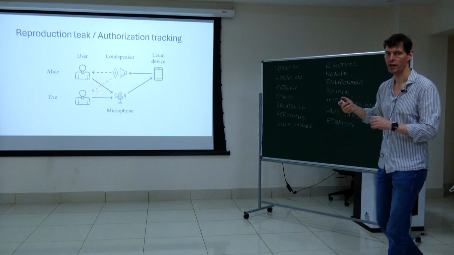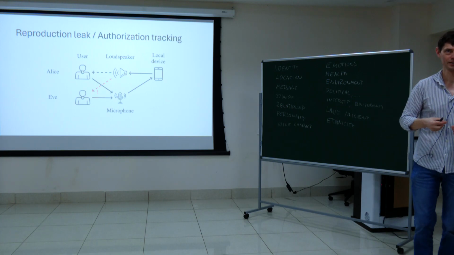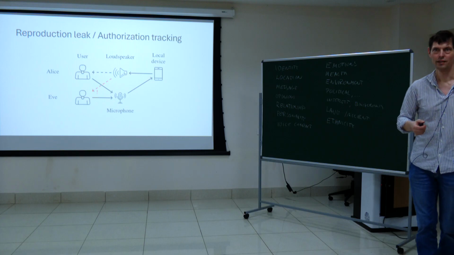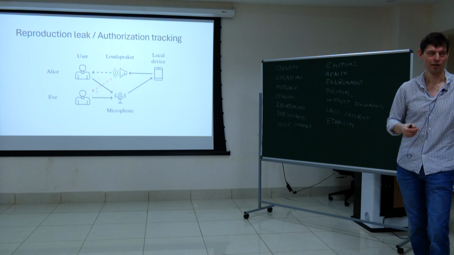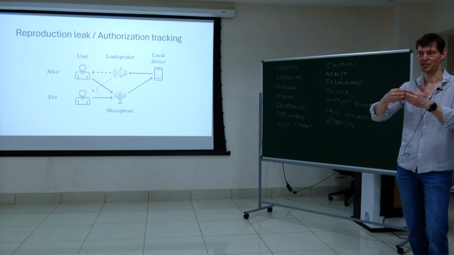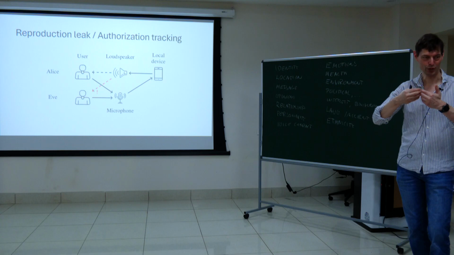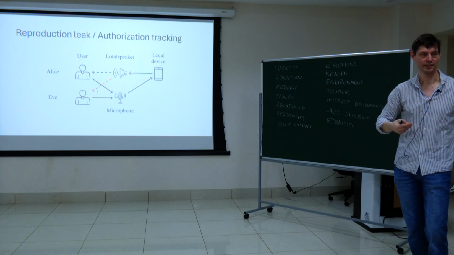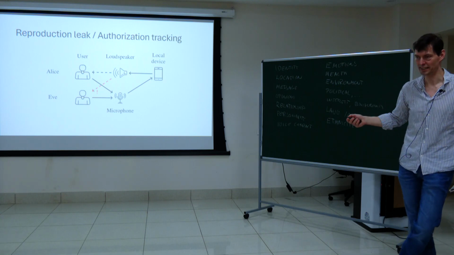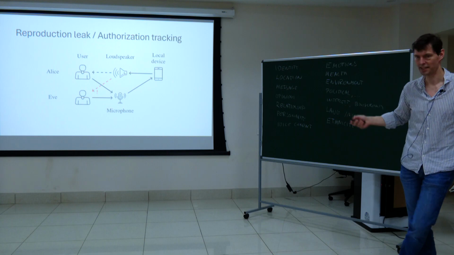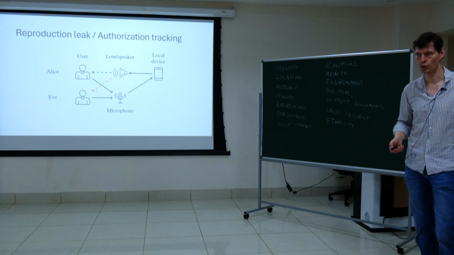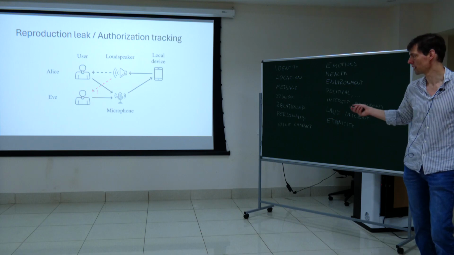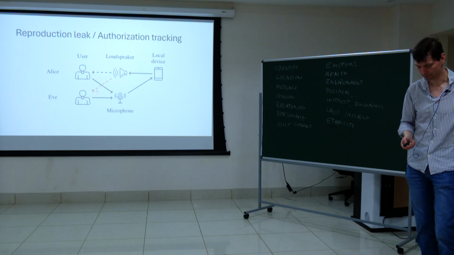There are also ways of doing this with ultrasound, where there's a physical interference between ultrasounds which produces a sound such that Eve cannot hear anything, but Alice can hear it. But that requires specialized loudspeakers. So there are many ways of doing this.